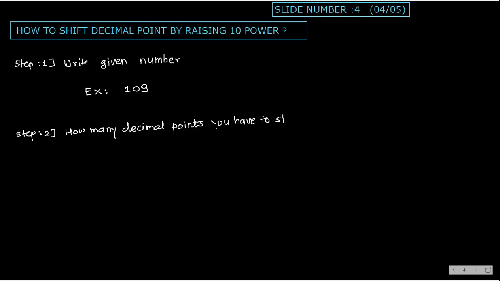You have to shift towards the left of the actual decimal point.